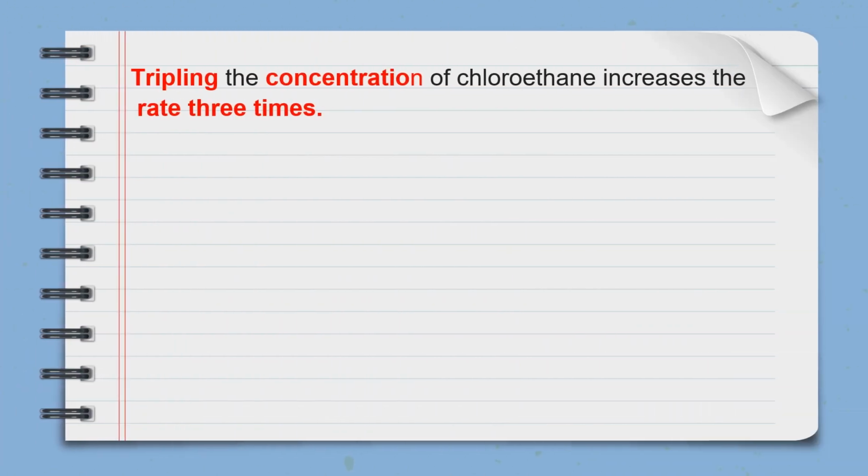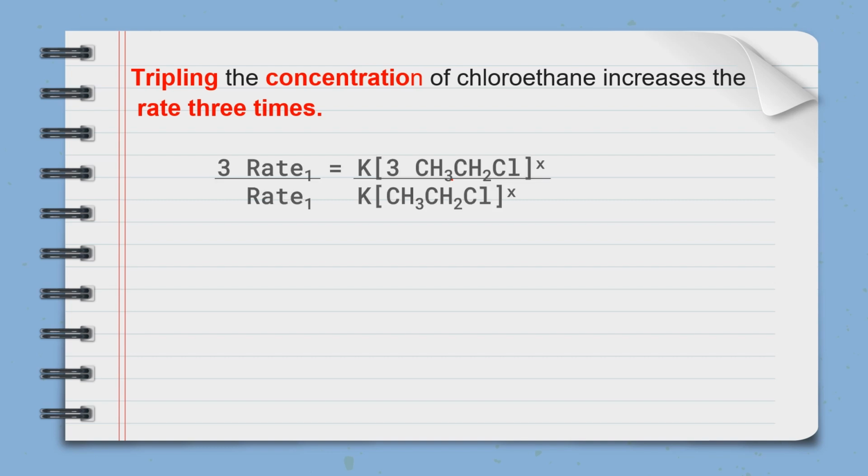So now we are going to analyze the data given in the question. Given that tripling the concentration of the chloroethane increases the rate 3 times, we compare the initial rate and the rate when the system has triple the concentration. We compare these two.